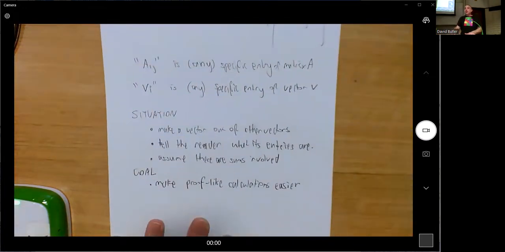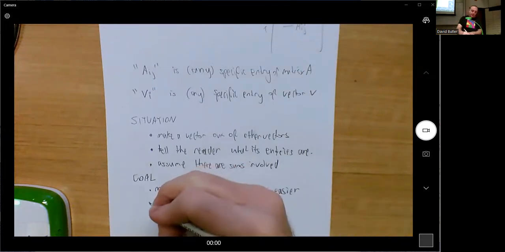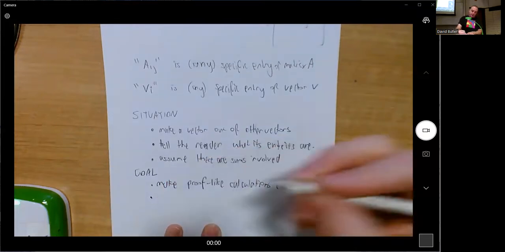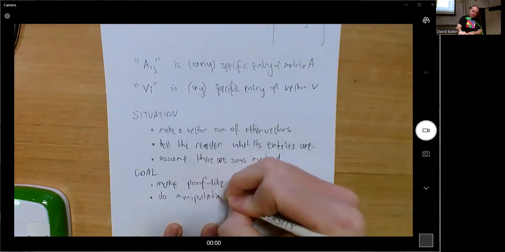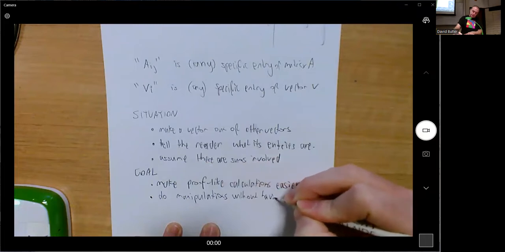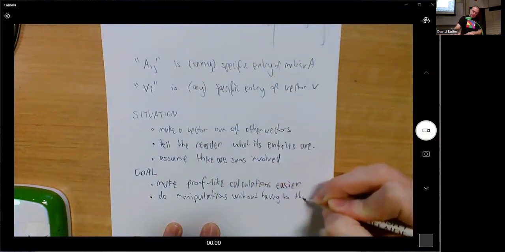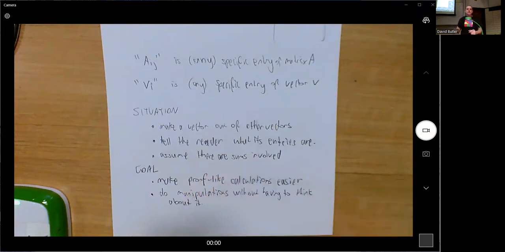But I'm just making that up based on observations of the way the lecturer asks assignment questions. That's something I just have to hold on to, that the point is to be able to do manipulations without having to think about it.